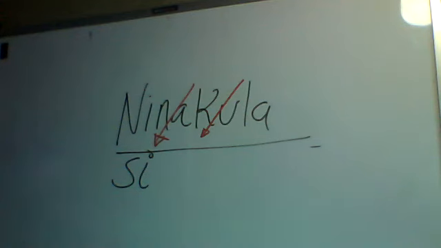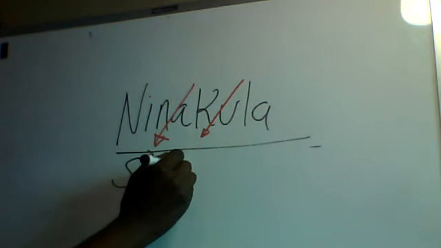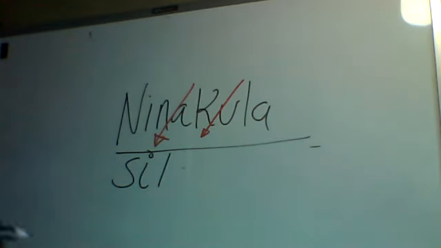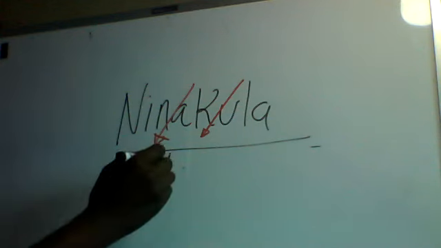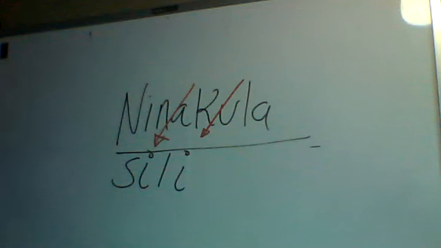Then you remain with the monosyllabic verb, which is la. But always the final vowel a in the negative is changed from a to i. Then it becomes sili. So this is the negative form of ninakula.